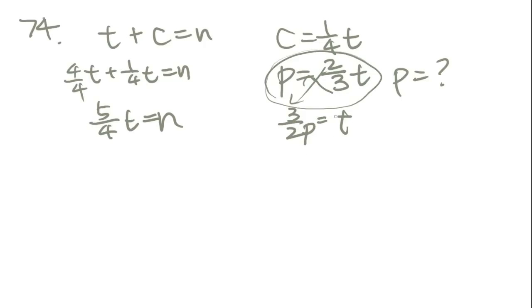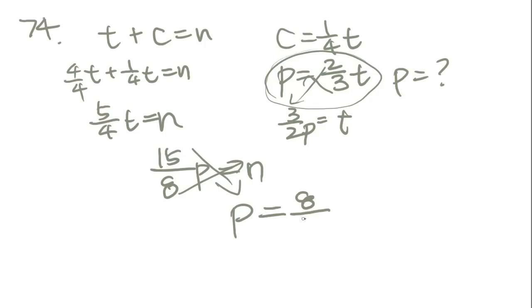Then we plug the T into here, and we get 5 times 3 is 15, 4 times 2 is 8. 15/8 P equals N. Then we solve for P by, again, cross multiplying, and you get P equals 8/15 N. And that is answer choice D.